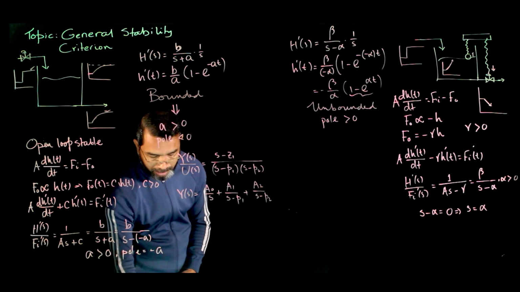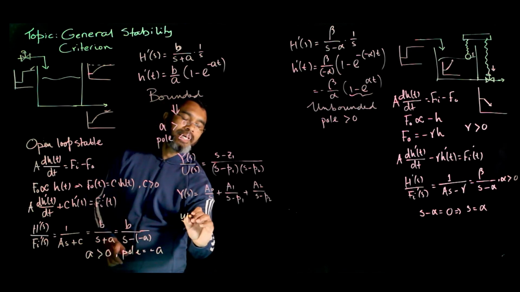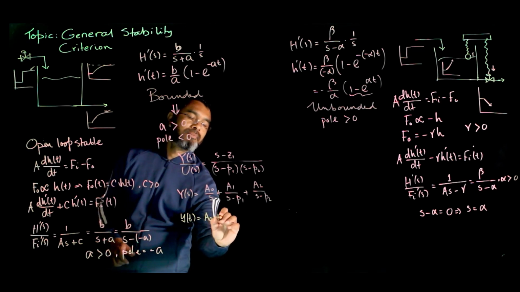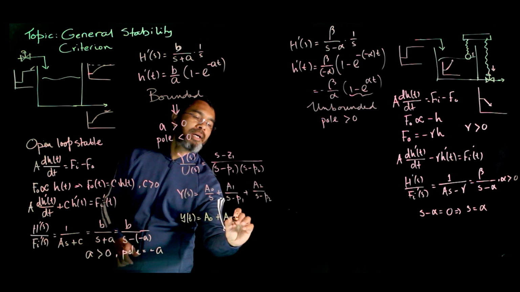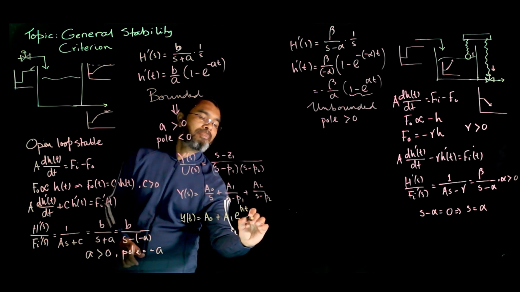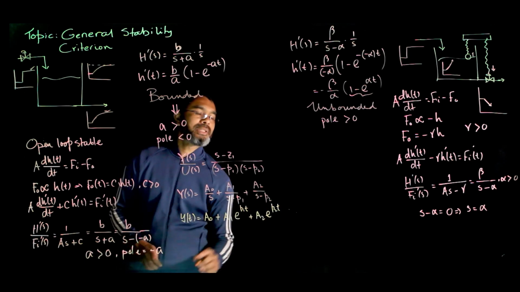Now if you write it in the time domain, you will get y(t) equals a naught plus a1 e to the power p1 t plus a2 e to the power p2 t.